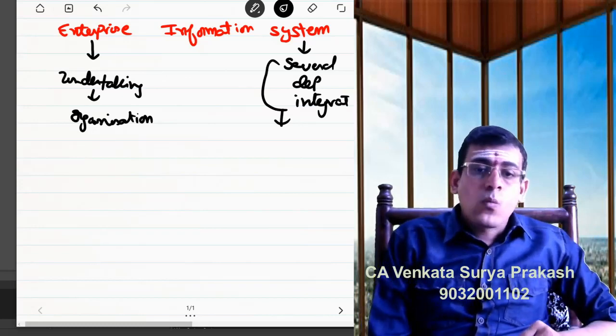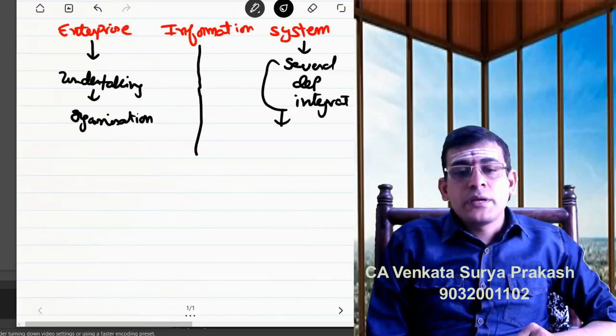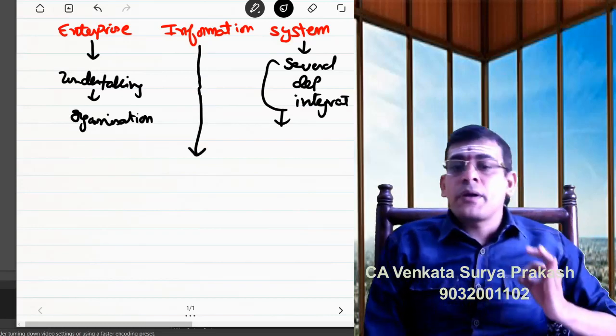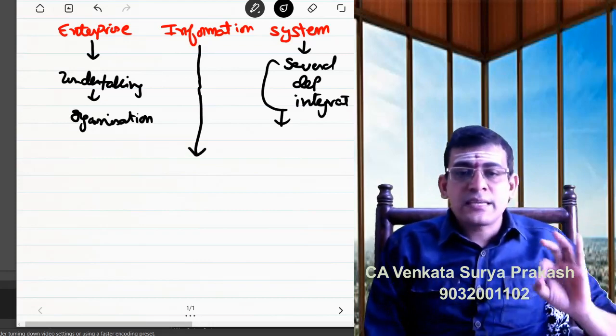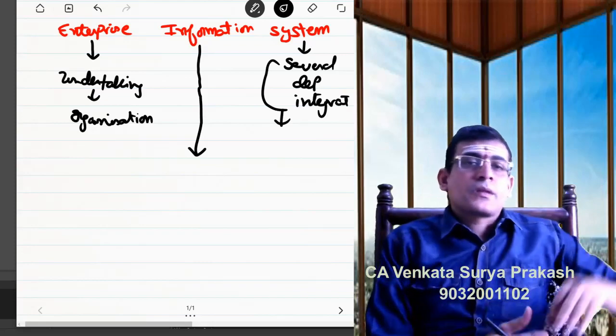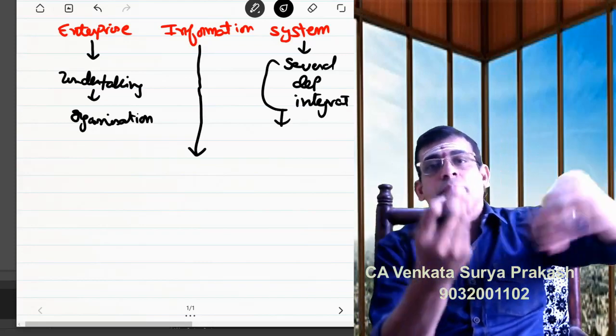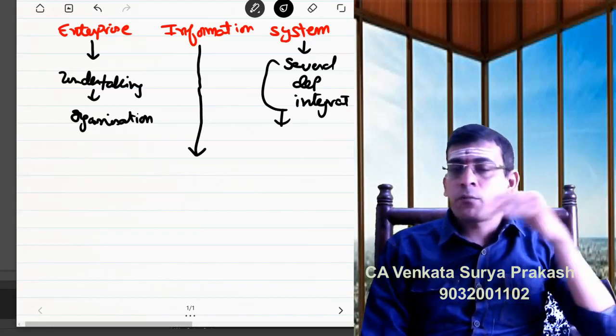Okay. Now what is the meaning of information? This information plays a very vital role in your enterprise information system. As I said, coordination between sales department and production department.